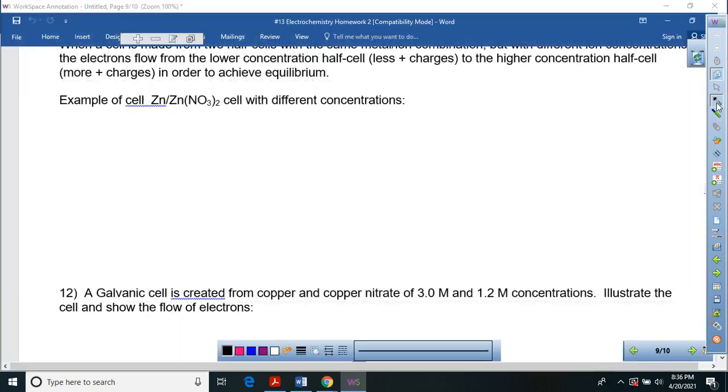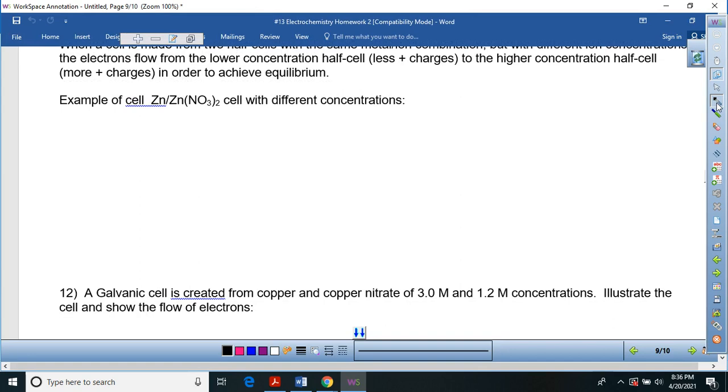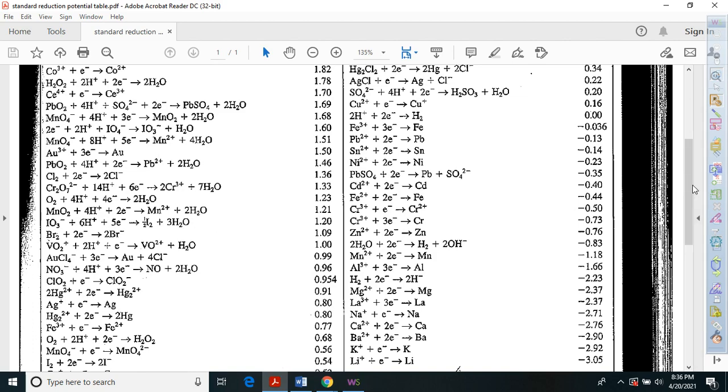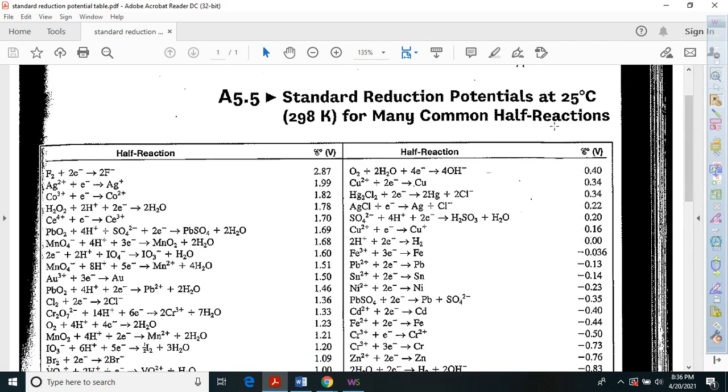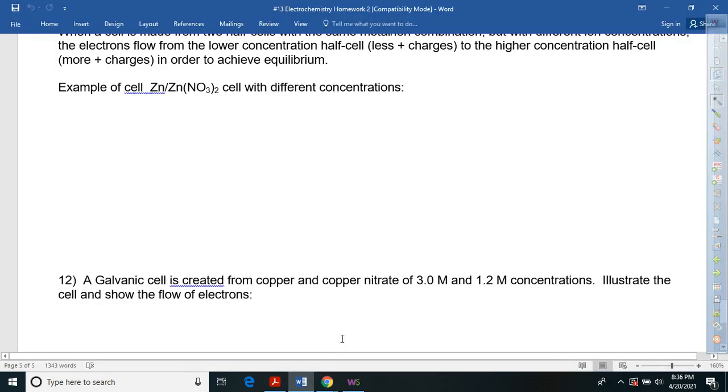Right now, all of these values that we're taking off of our standard reduction table, it'll tell you on the table that these values are at 25 degrees Celsius. And so we're assuming that these are standard conditions when we're doing these types of reactions. Now, sometimes you will have conditions that are not standard.